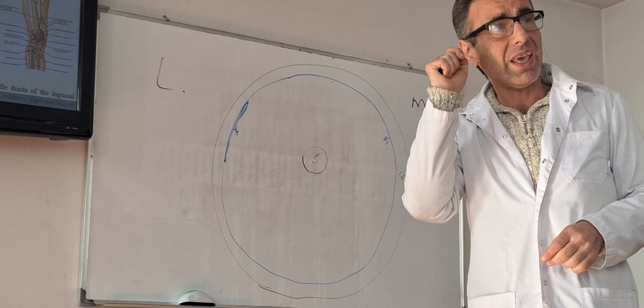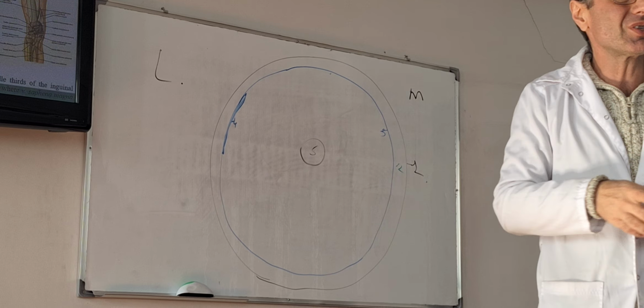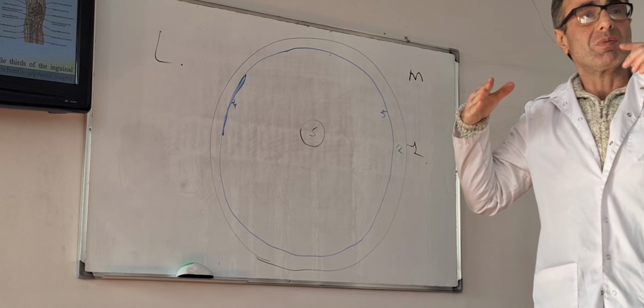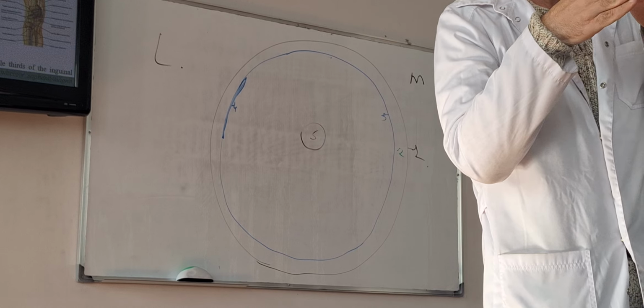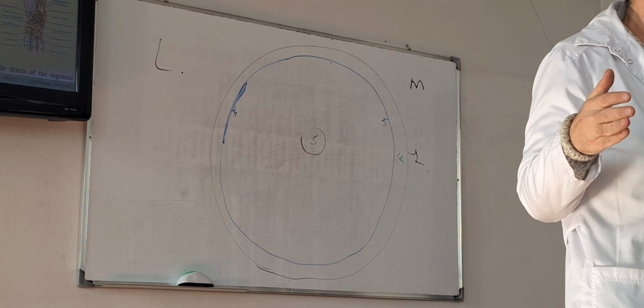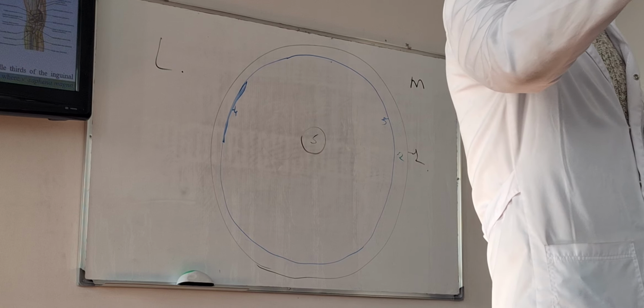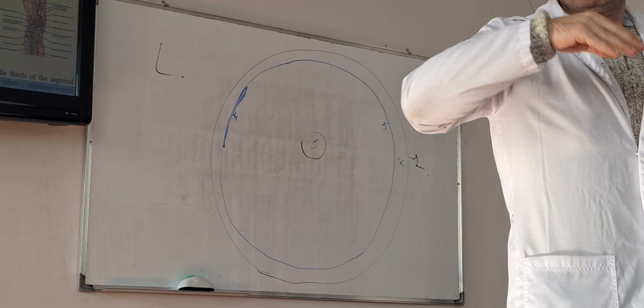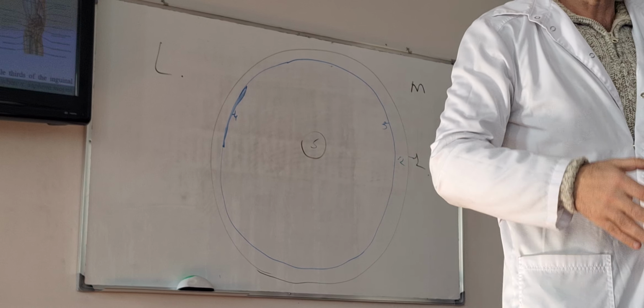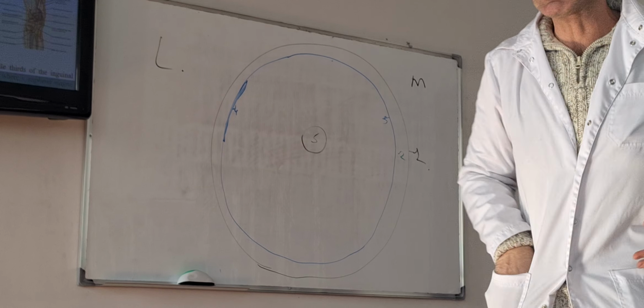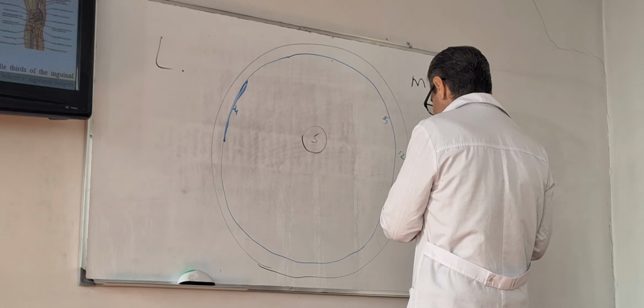And now we are able to draw the deep layer, because the deep layer of the proper fascia will pass between muscles, and finally will come to the bone and fuse with the bone. Let's draw these septa.